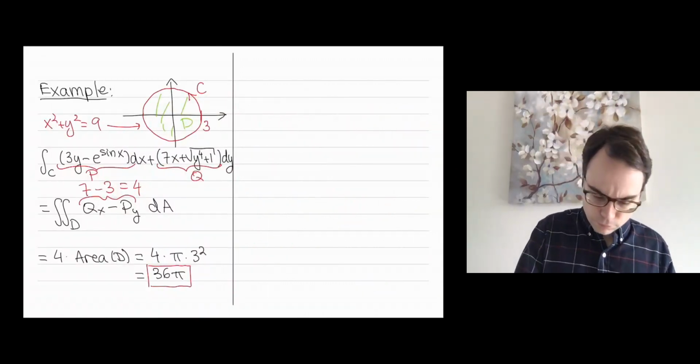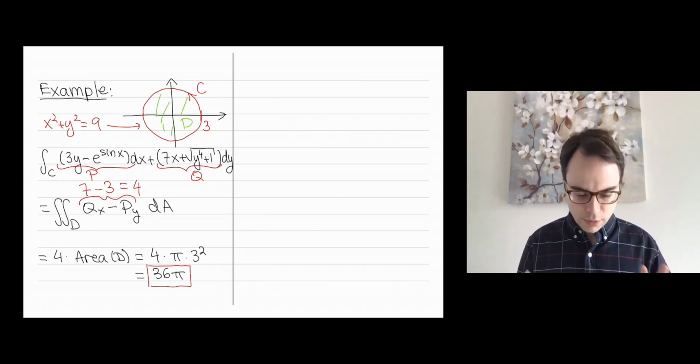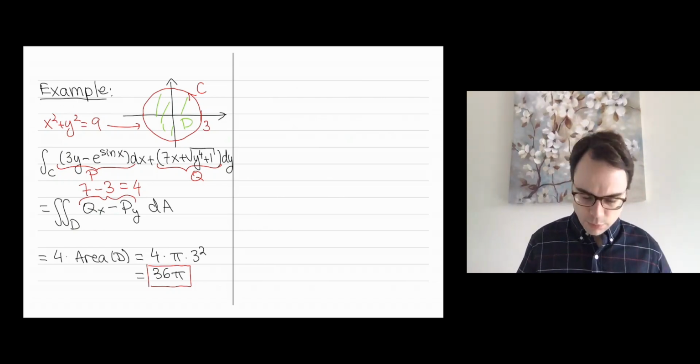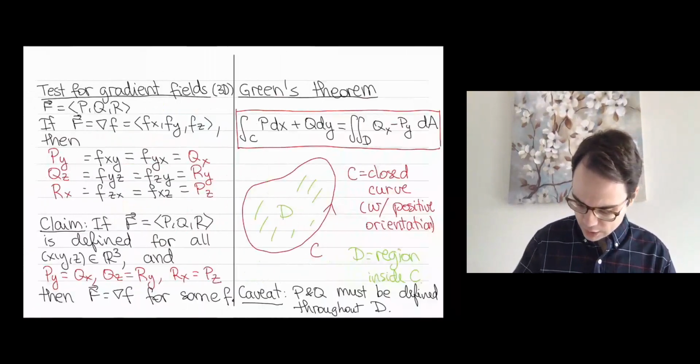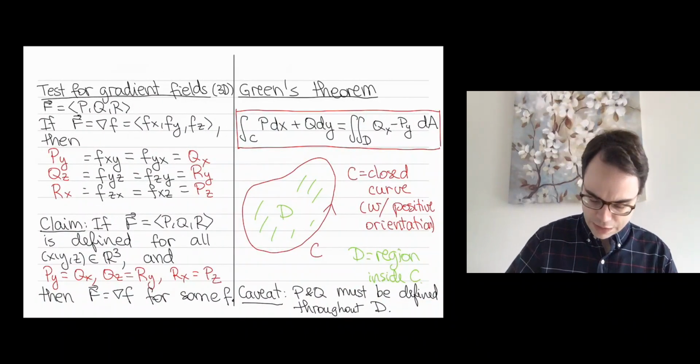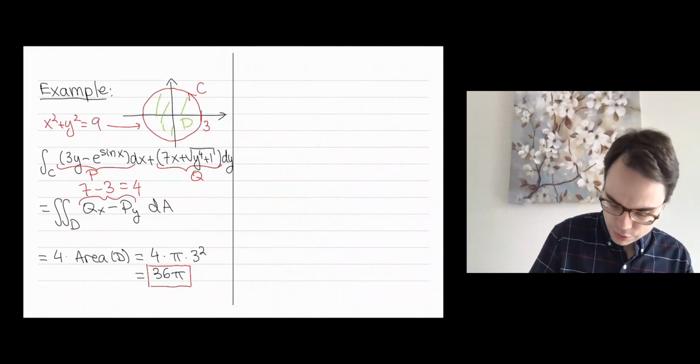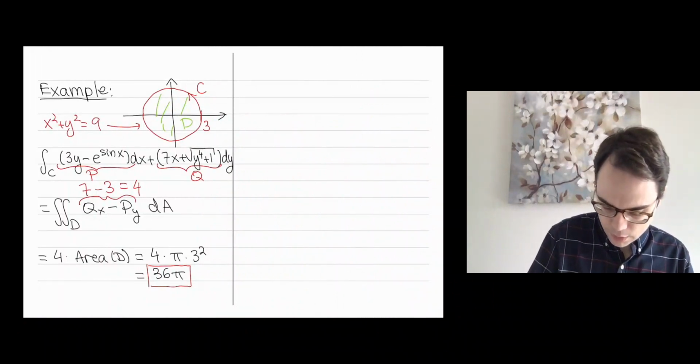Okay, so a little bit about the fine print of the theorem. I used a few words here kind of liberally. I talked about a closed curve with the positive orientation. So here's what the words mean.